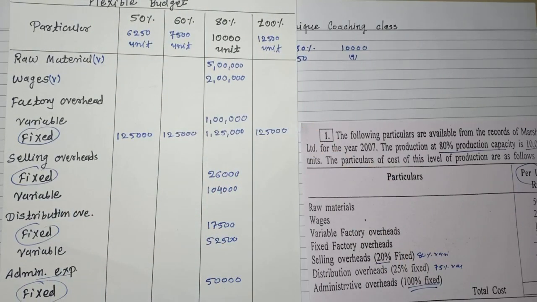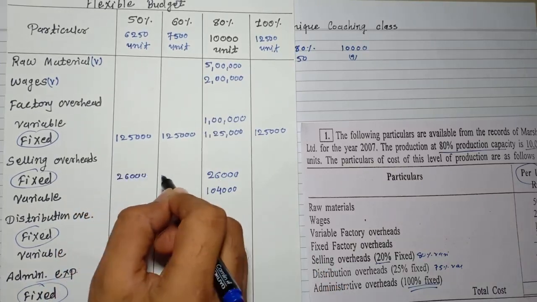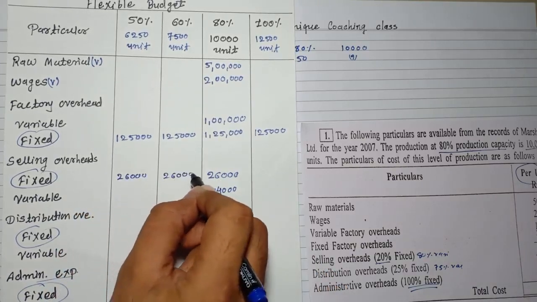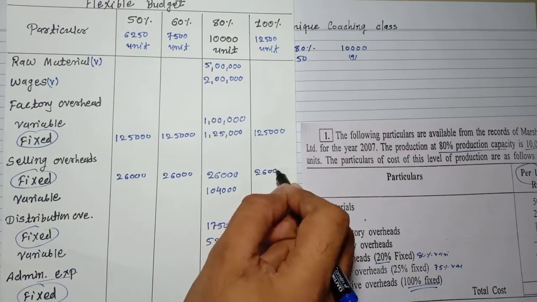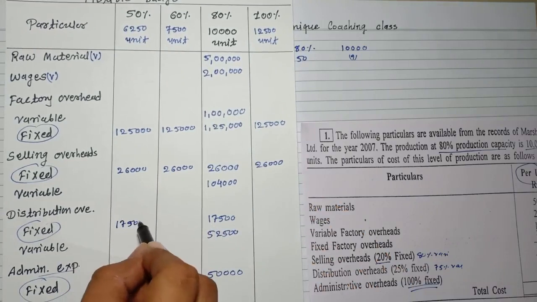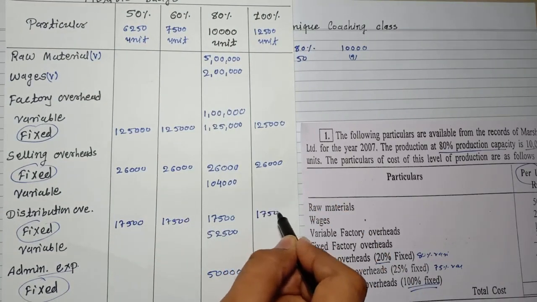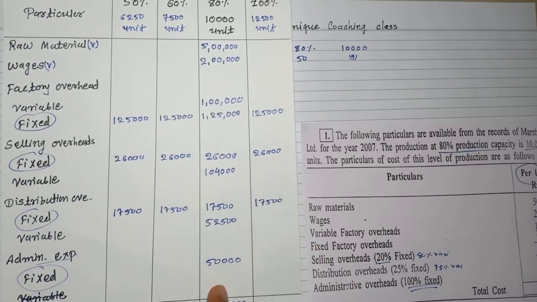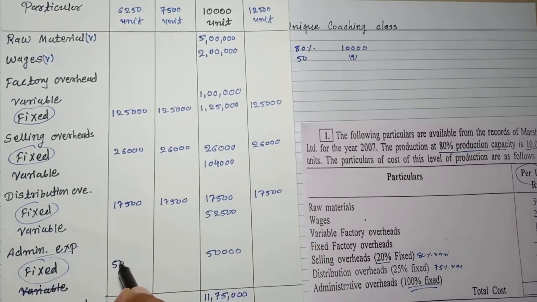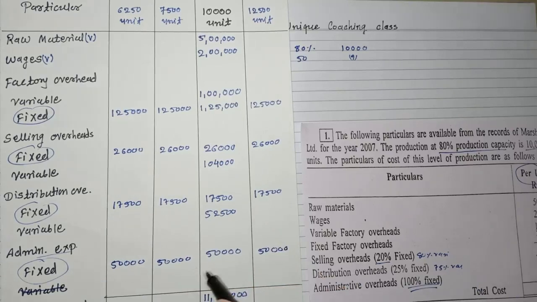Same here, selling 26, here it will be selling 26, here also 26, here also 26. Then distribution 70,500. Okay, fixed, so as it is in all. 70,500. And administration 50,000 fixed, so as it is. So fixed expense is very easy. Whatever amount, we show as it is in all. Clear? So this is completed.